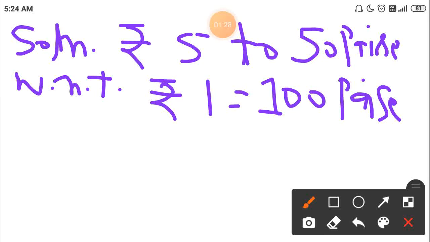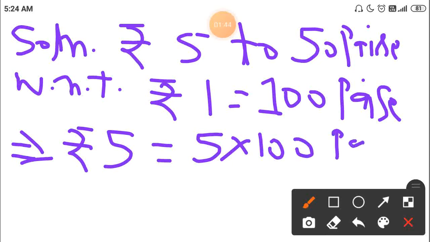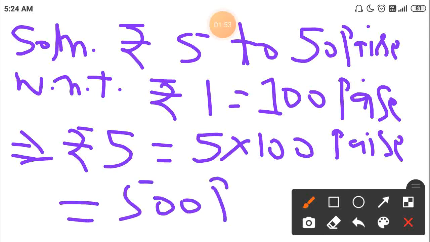Therefore rupees 5 equals 5 into 100 paise, that is equal to 500 paise.